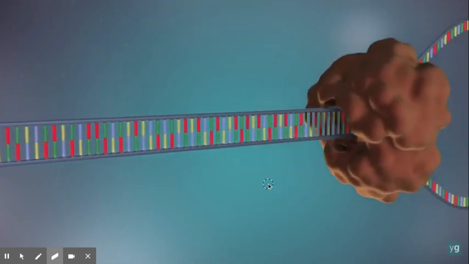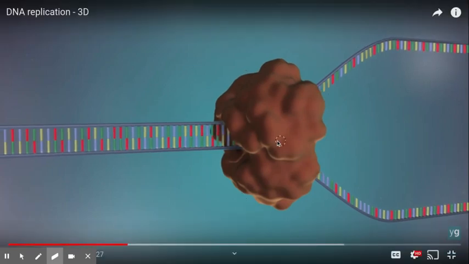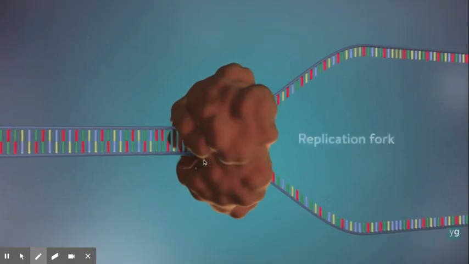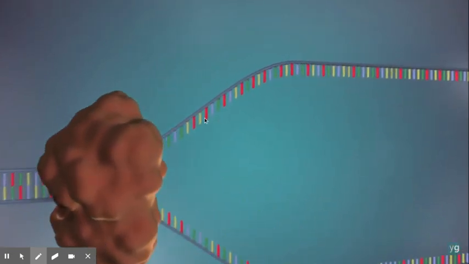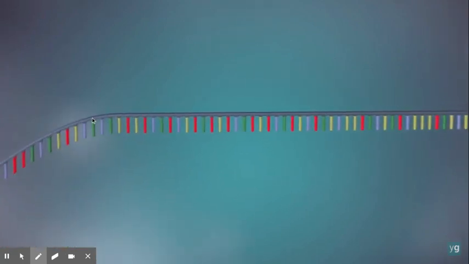Okay, here's my helicase. My helicase is moving along the DNA, unzipping my strands, and this is our replication fork. This is creating our replication fork. As this gets unwound or unzipped, we need to start copying it, right?